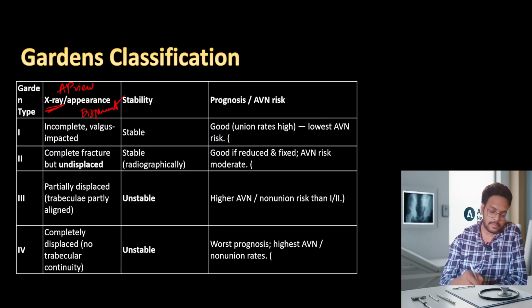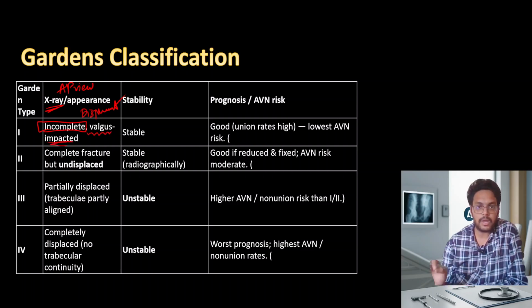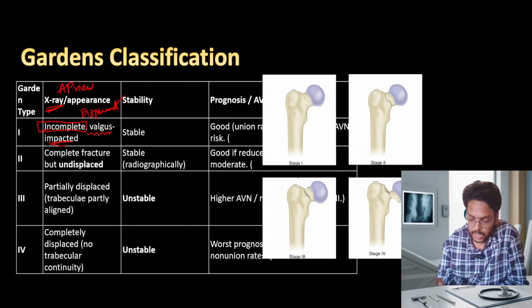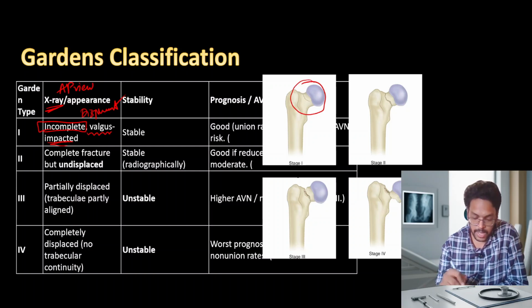First is an incomplete fracture that is valgus impacted. This is a very important line, valgus impaction. You cannot see any displacement in the first type. It's an incomplete fracture and the fracture is valgus impacted.